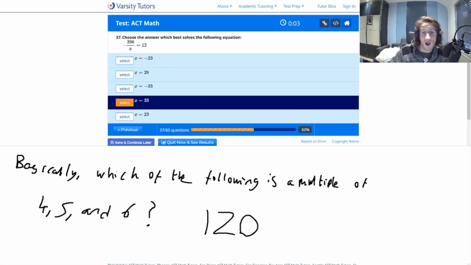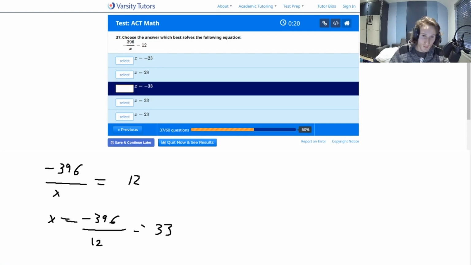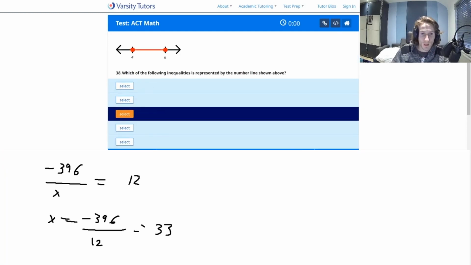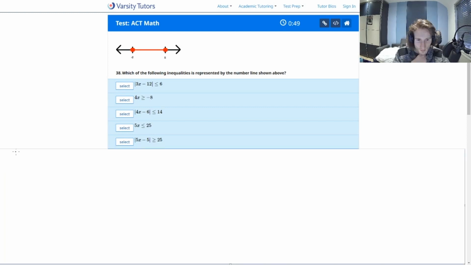Choose the answer which best solves this equation. X is equal to minus 396 over 12 minus 33. X is between 2 and 5. That means that it's going to be one of the modulus questions.